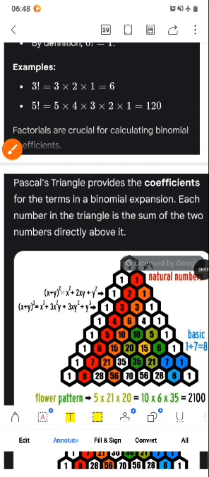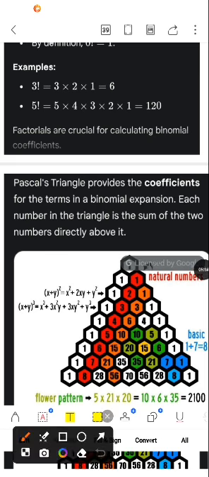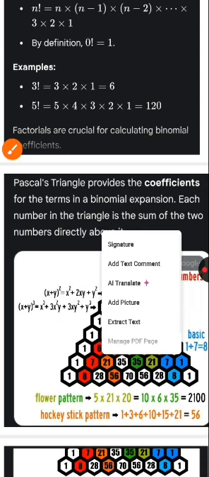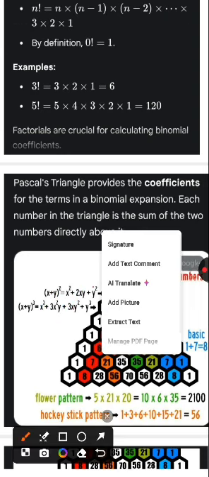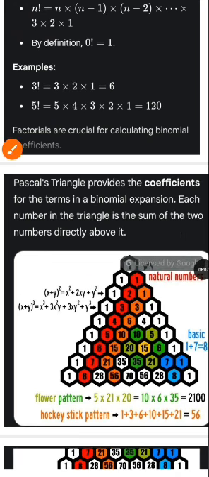Now the next thing we need to understand is that in this binomial, the powers always add up to 3. In the first term, the powers of x and y give 3, and in the third term, the powers also give 3.